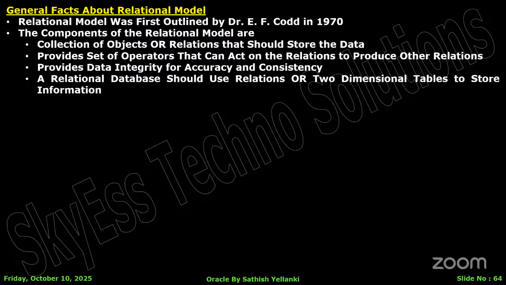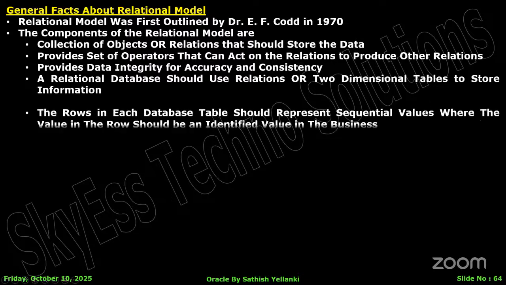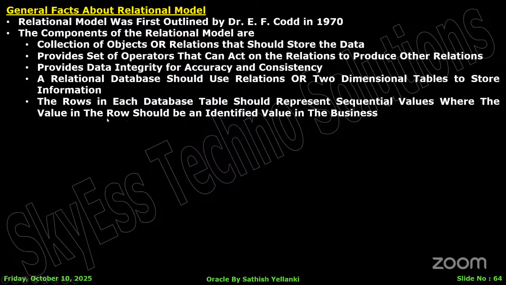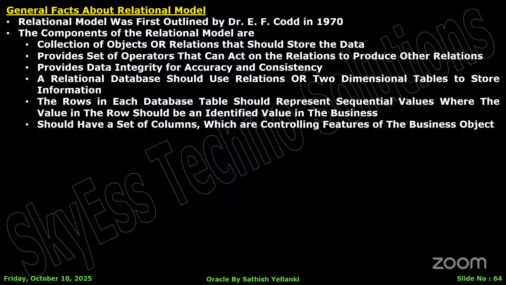The rows in each database table represent sequential values, where the value in the row should be an identified value in the business. When you want to look into an event of the business, within the table you'll capture one row, and a row is a collection of multiple different values collected under the columns. Each column represents a field of data that is fundamentally taken through the process.